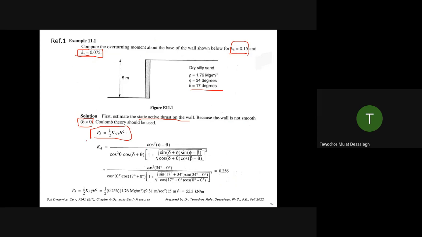So you can calculate PA, calculate your Ka, friction angle, wall friction, and put everything, and finally you have active earth pressure for a static condition of this much. I will leave the detailed calculation for you. You can also look at example 11.1, reference 1.